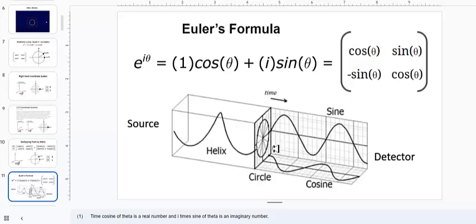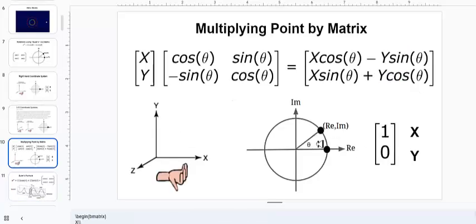It's going to be some phase angle relative to the starting location, which is x equals 1 and y equals 0. This is my starting position for all of my helix waves.